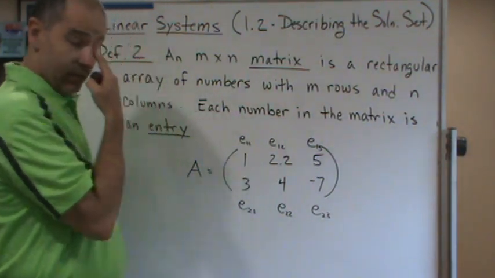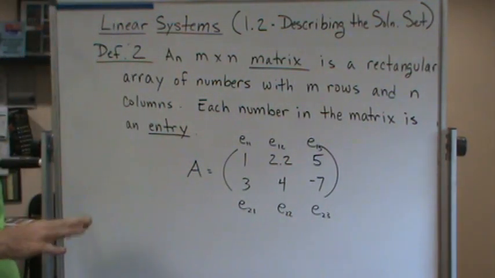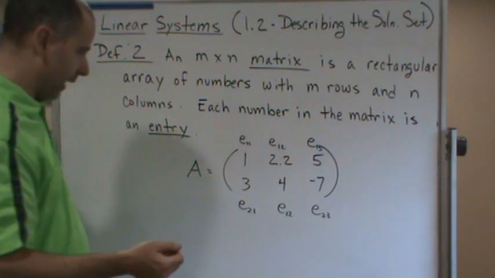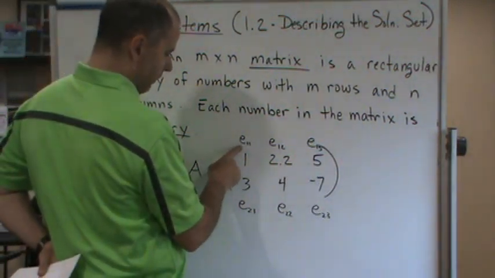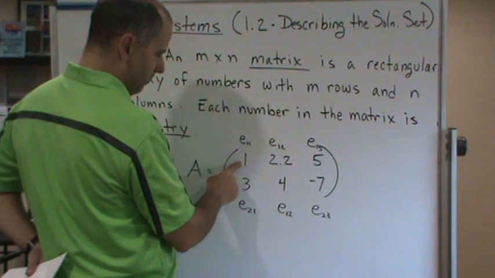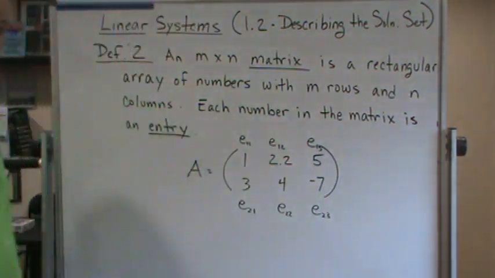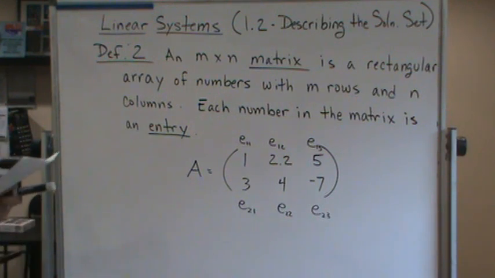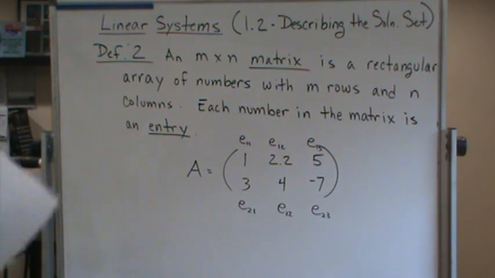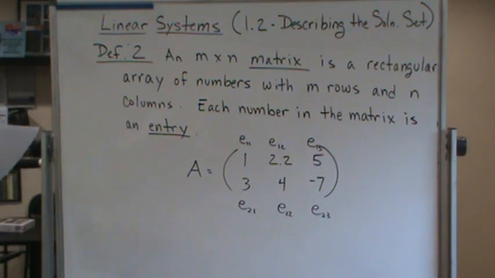So the order of those subscripts matters. Here, the value of E11 is 1, and 2.2 is E12. Those tell you where the elements, or entries, are located.